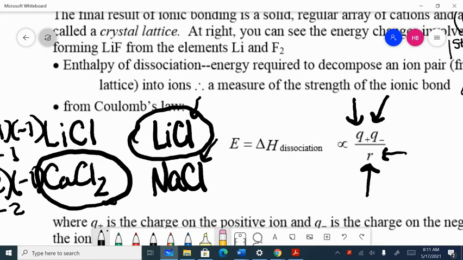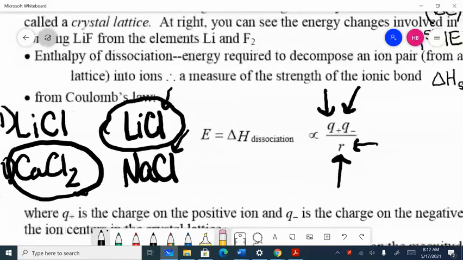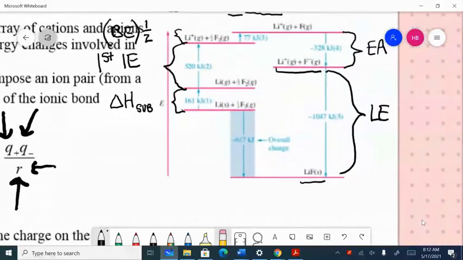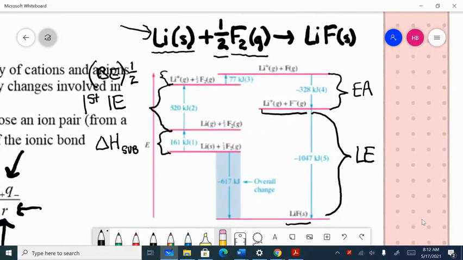So now you would need to take some time and practice deciding which one would have a greater lattice energy based on the charges on the ion or the radius. And also recognize the steps that add up to lattice energy.